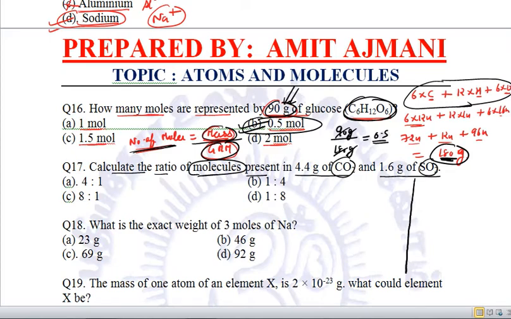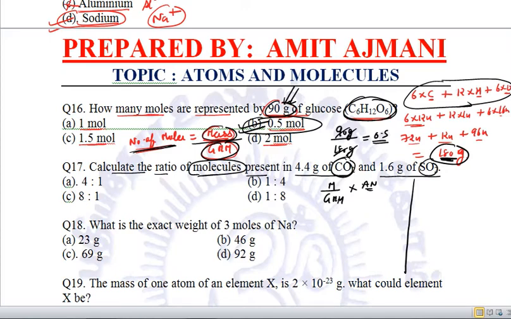And what is the formula for number of molecules? It is the mass of the substance divided by gram molecular mass into Avogadro number. This is exactly the formula for calculating the number of molecules. So let us talk about carbon dioxide first.